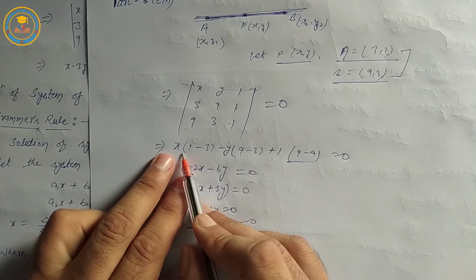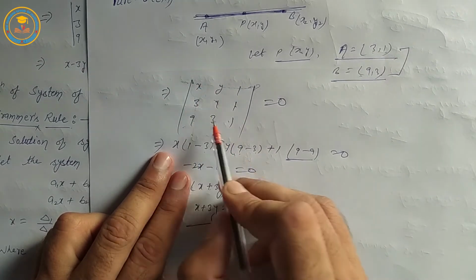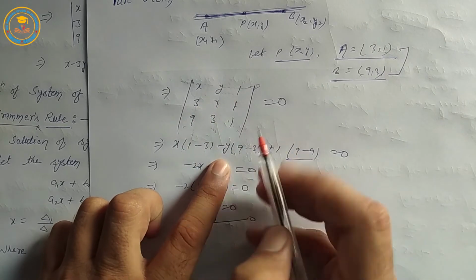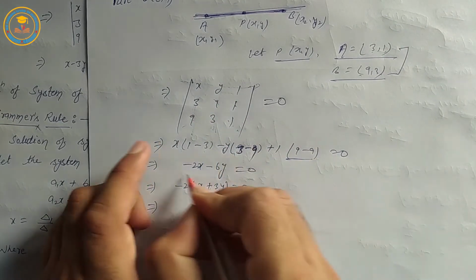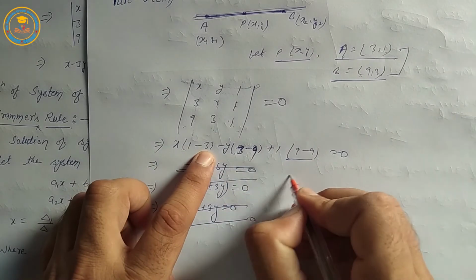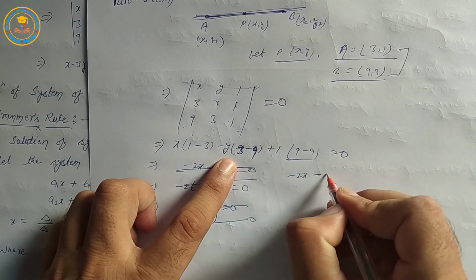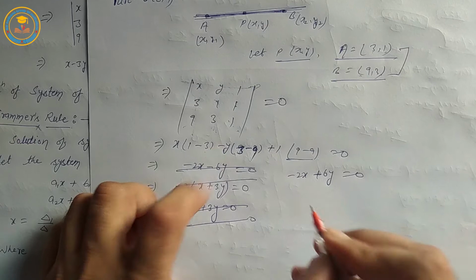Expanding, leaving the corresponding row and column of element x: x into (1 minus 3), minus y(3 minus 9), which gives minus 2x plus 6y plus 0 is equal to 0.